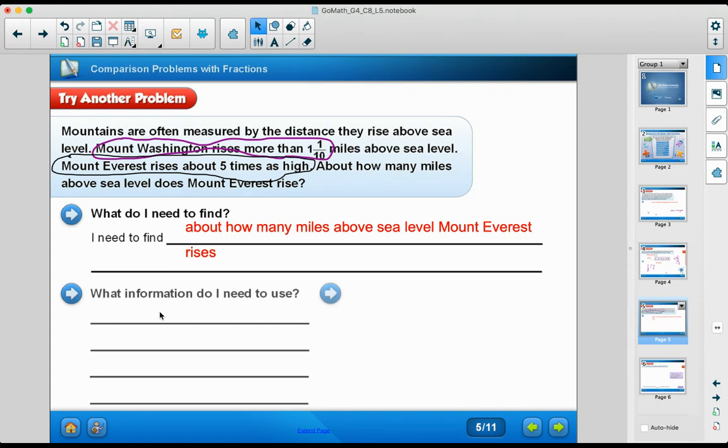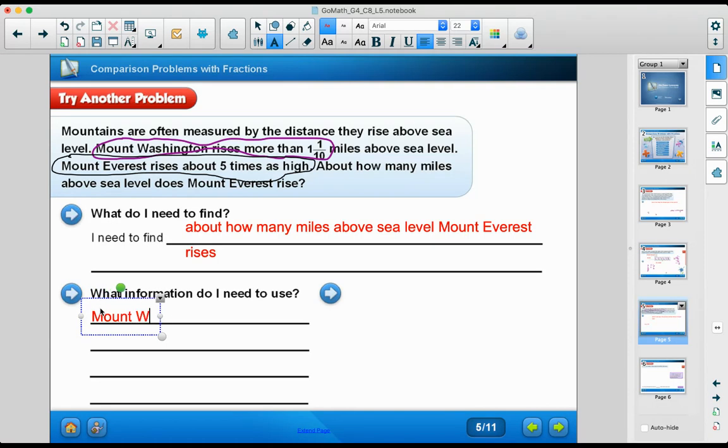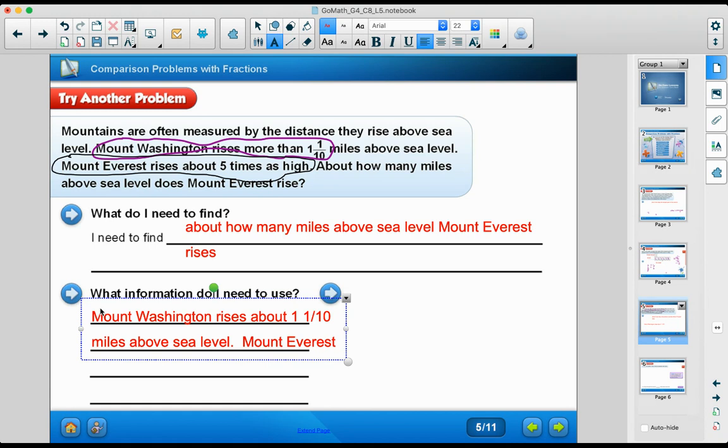Okay. What information do I need to use? Well, let's see. Mount Washington rises about 1 1/10 miles above sea level. Mount Everest rises about 5 times as high.